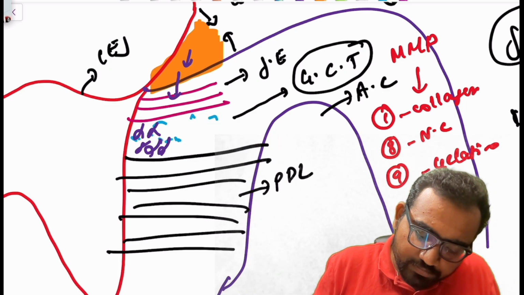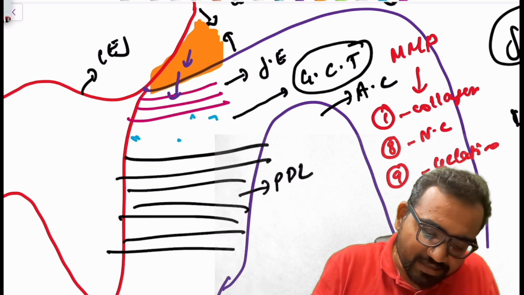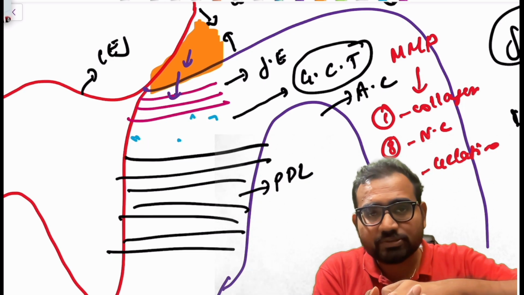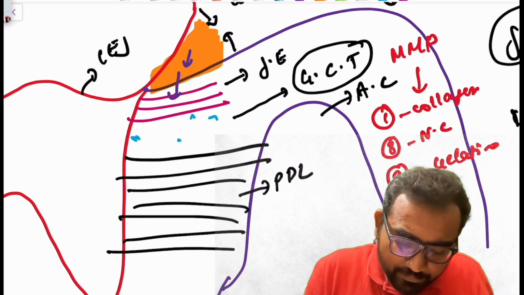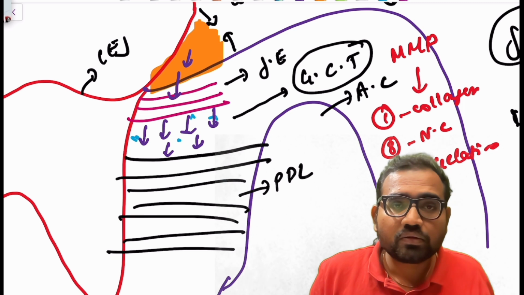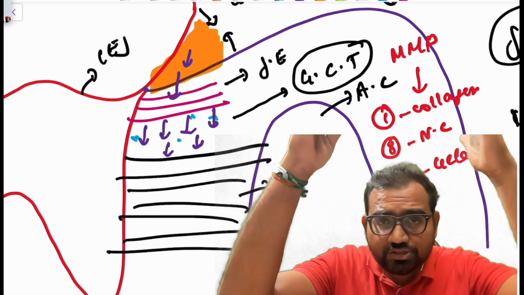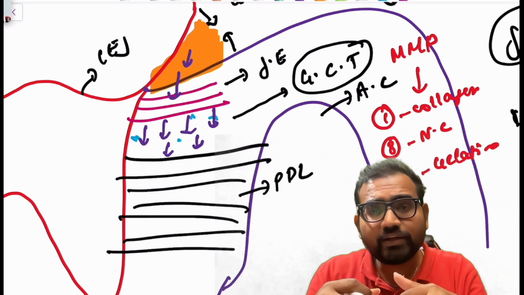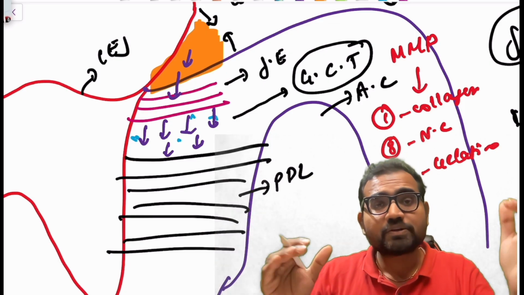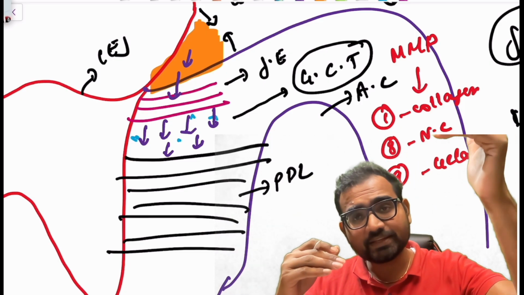The junctional epithelium is completely dependent upon, or it is resting over, the gingival connective tissue fibers. Now because it is getting destroyed, what will happen? This junctional epithelium will move downward. Again, if PDL is getting destroyed, it will still move down. It will move to a point where the connective tissue is not destroyed. So that is why in pocket there is apical migration of junctional epithelium.